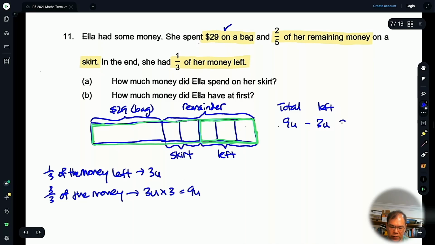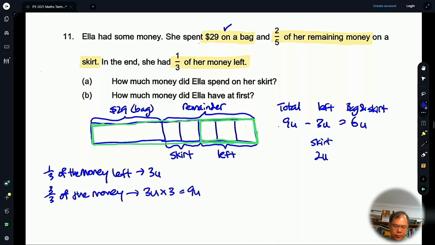Now then the difference of 6 units must be the amount that was spent on the bag and the skirt, isn't it? Right? And 6 units is for the bag and the skirt. Now the skirt itself is 2 units of money.